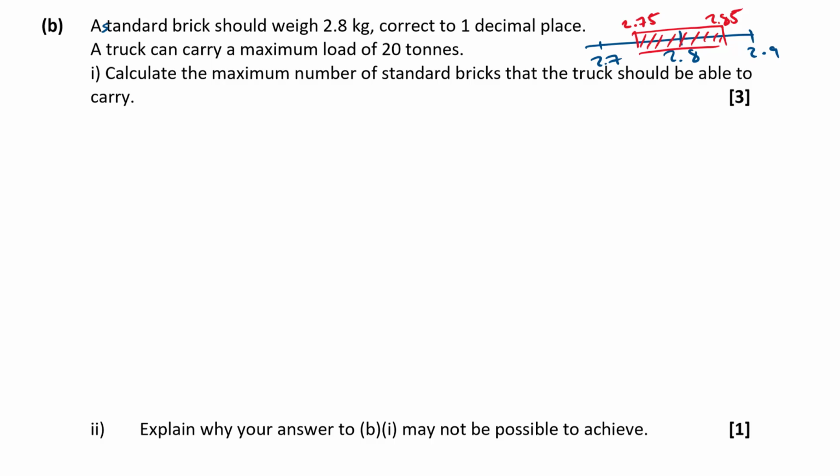So let's take the worst case scenario and imagine that the bricks are at the heavier end. Obviously if the bricks are heavier, then the truck will be able to carry fewer of them than if they were lighter. So I'm going to take the heavy end of the bricks, 2.85, and I'm going to see how many of those I can fit into 20 tons.